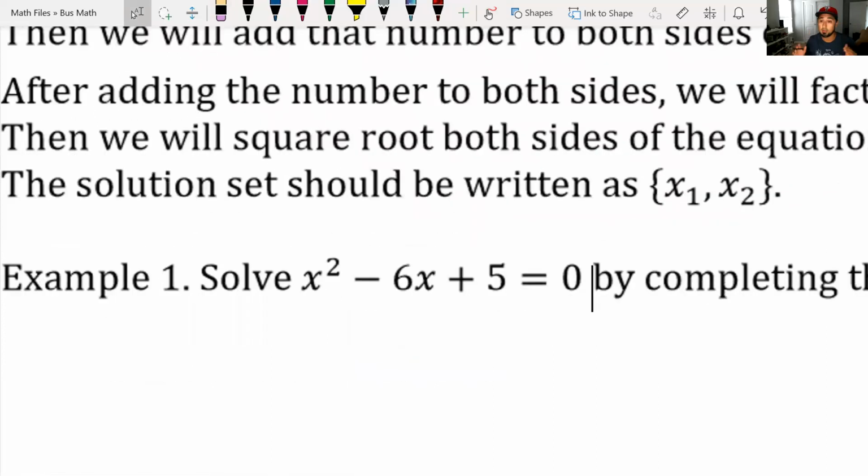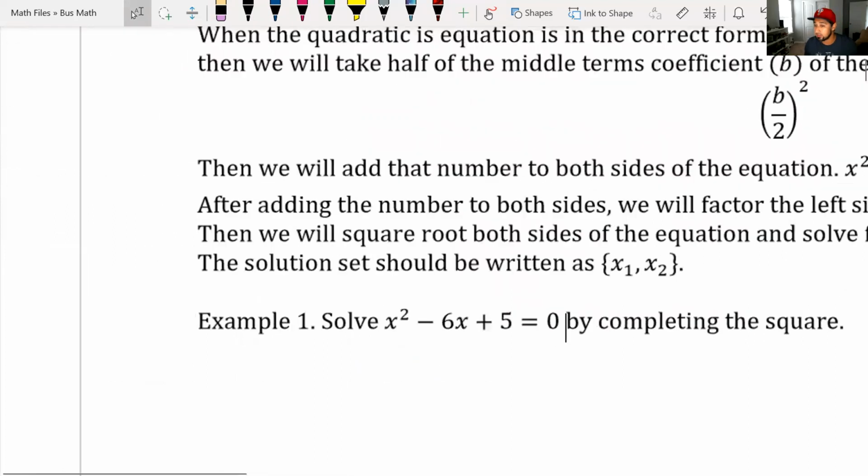So, example 1. We have x squared minus 6x plus 5 equal to 0. Solve for x by completing the square.